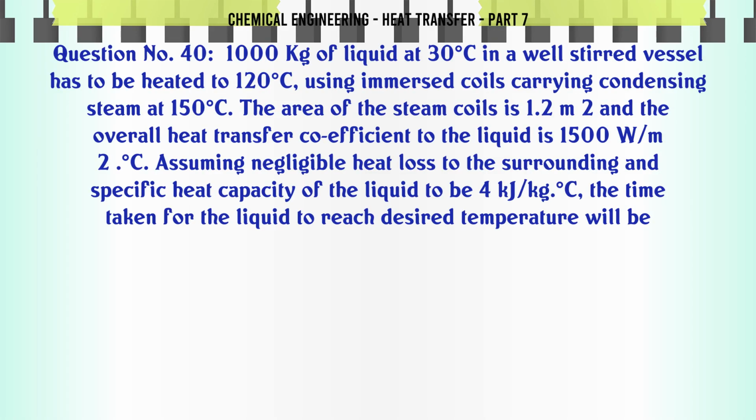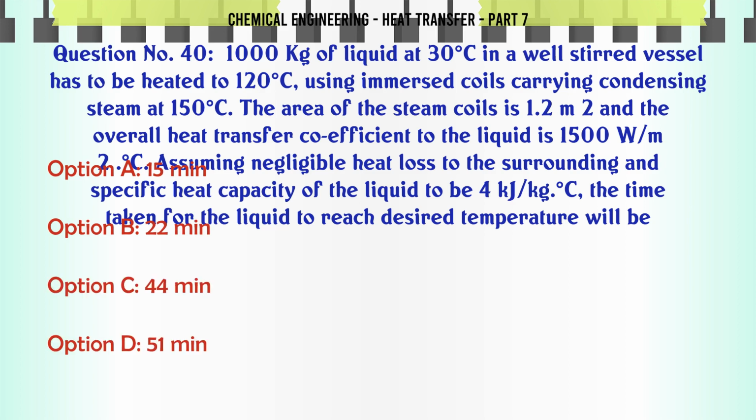1000 kg of liquid at 30 °C in a well-stirred vessel has to be heated to 120 °C using immersed coils carrying condensing steam at 150 °C. The area of the steam coils is 1.2 m² and the overall heat transfer coefficient to the liquid is 1500 W/m²·°C.